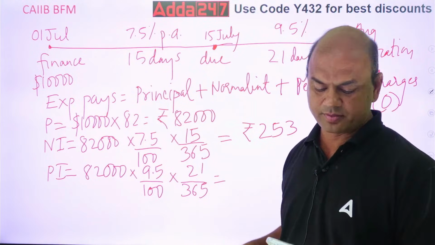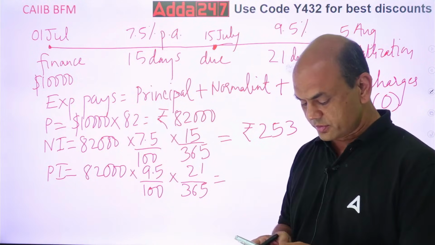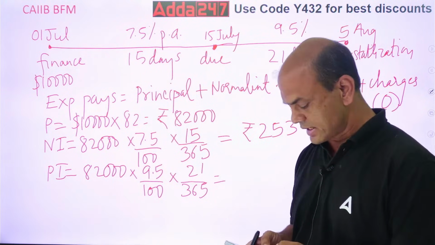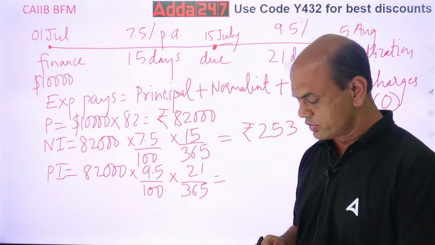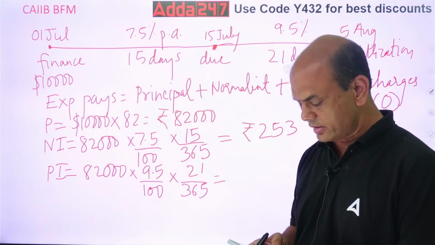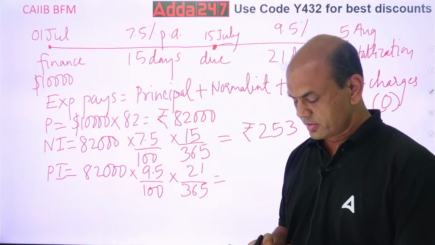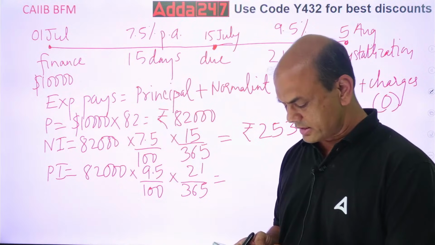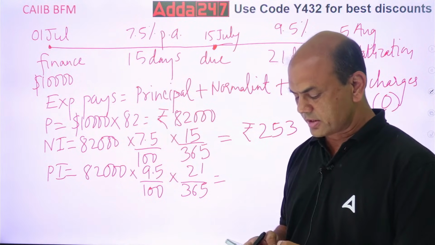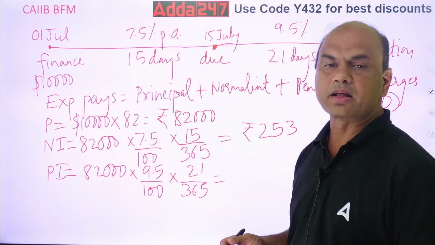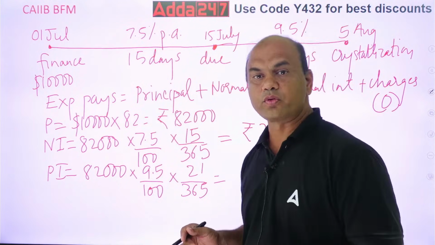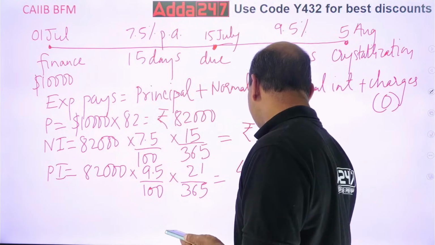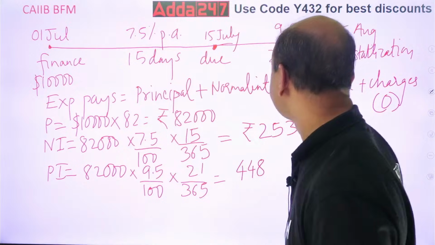Do it, everyone. 82,000 into 9.5 into 21, divided by 365 and 00. So the answer is 448 point something. Leave that decimal.